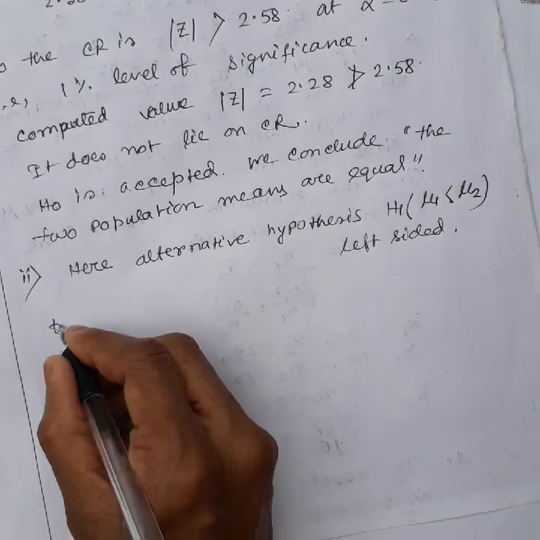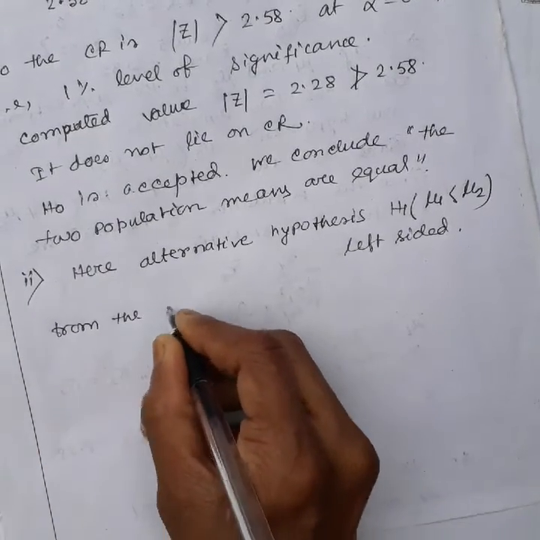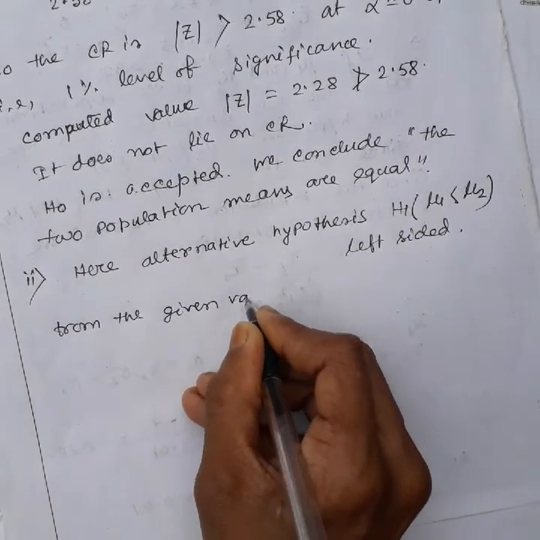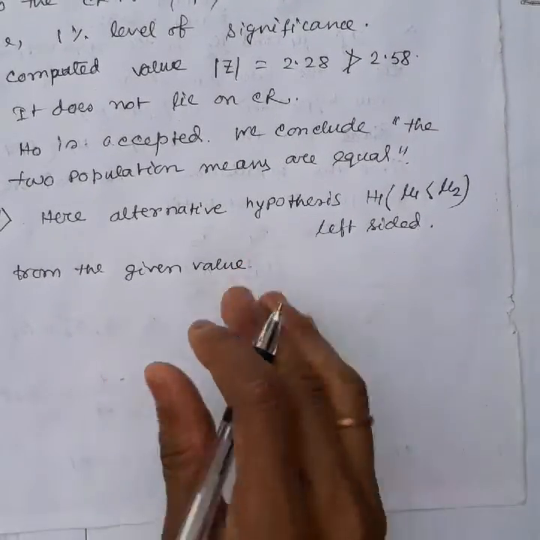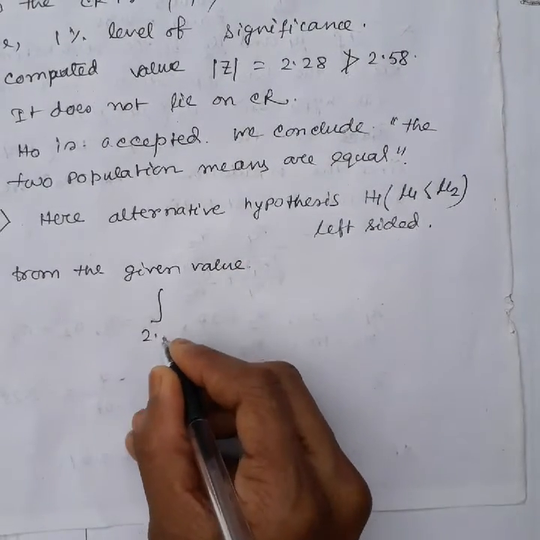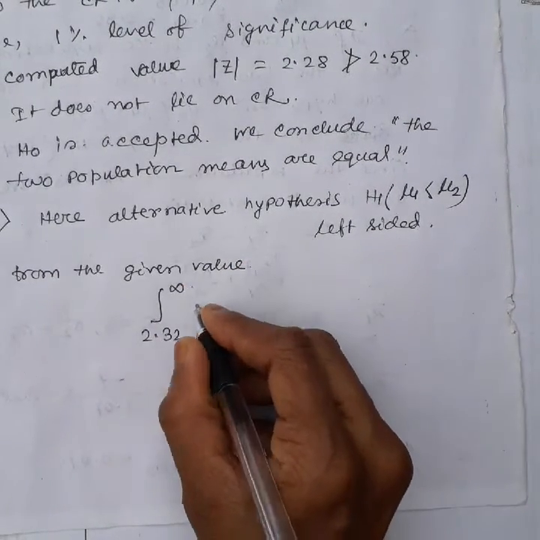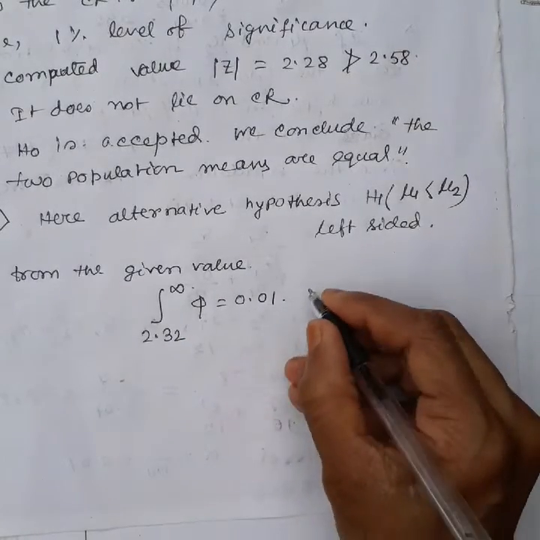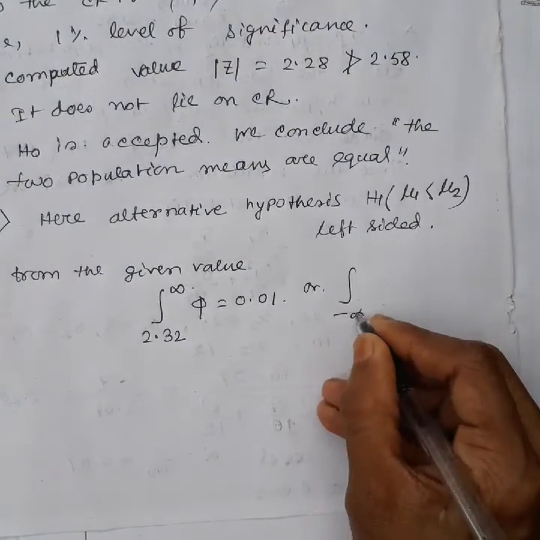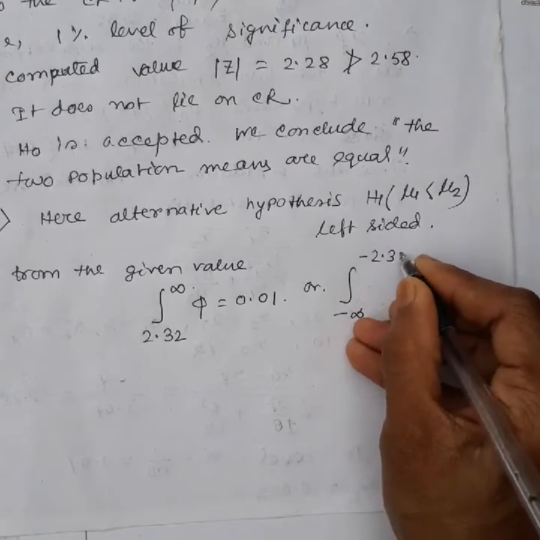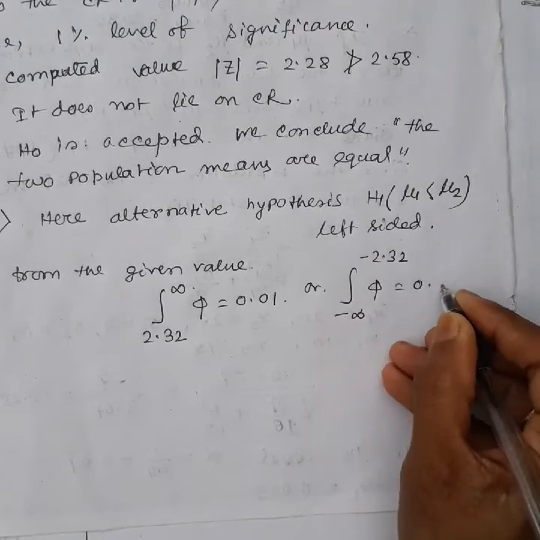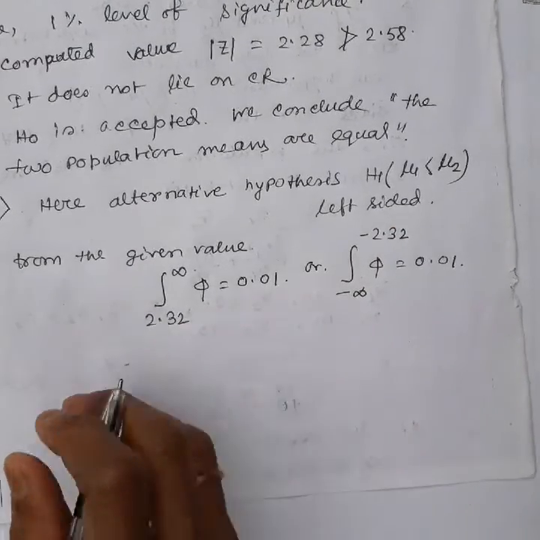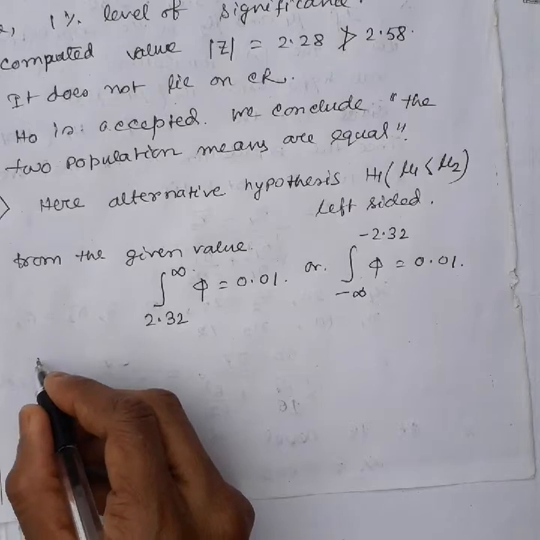Okay, so from the given value, the integration of phi from 2.32 to infinity is equal to 0.01, or from minus infinity to minus 2.32, phi is equal to 0.01.